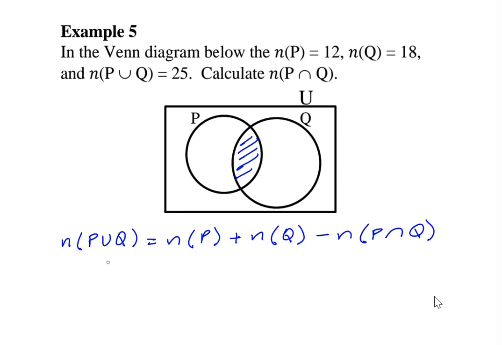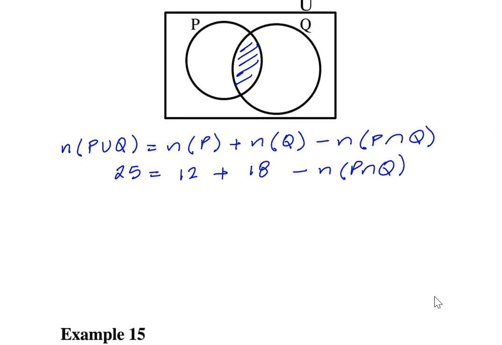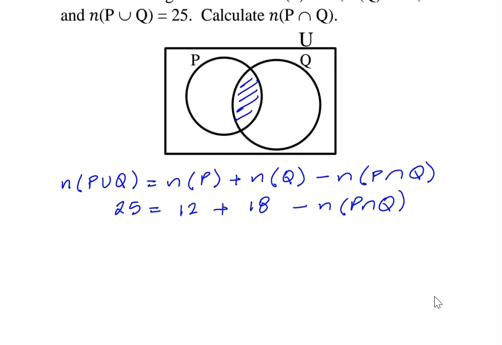So let's put in what we know. The number of elements in P union Q is 25. The number of elements in P is 12. The number of elements in Q is 18. And the number of elements in P intersect Q is what we don't know. Let's just work this out simply.